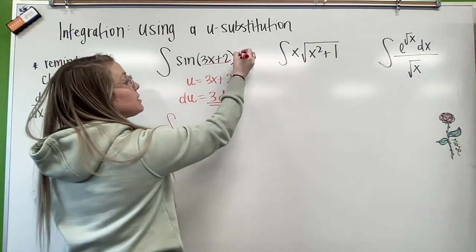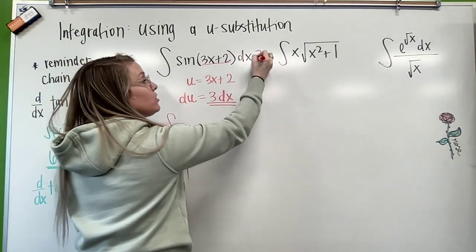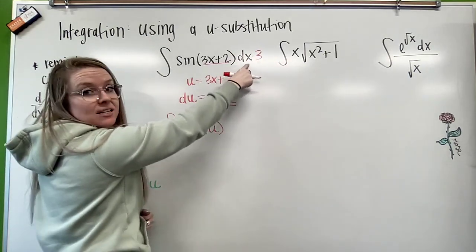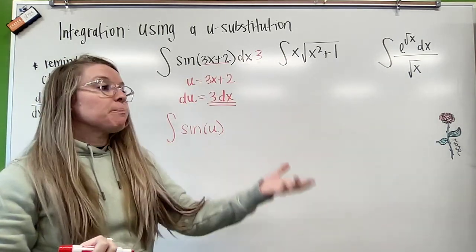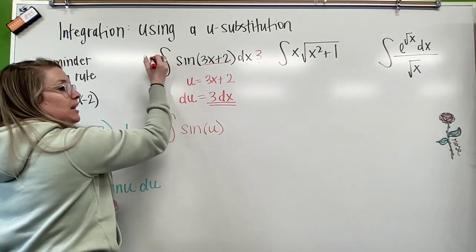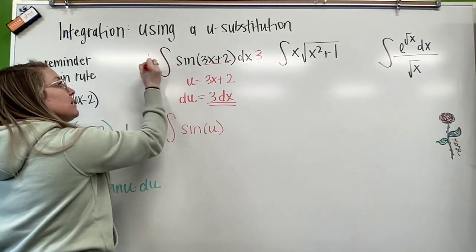So what I'm going to do is multiply by 3, so I get 3 dx. But now I've just changed my function. So to balance that, I'm going to multiply by this 1/3.